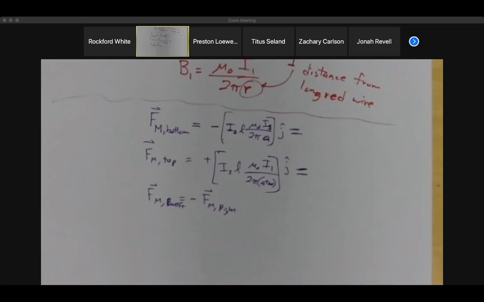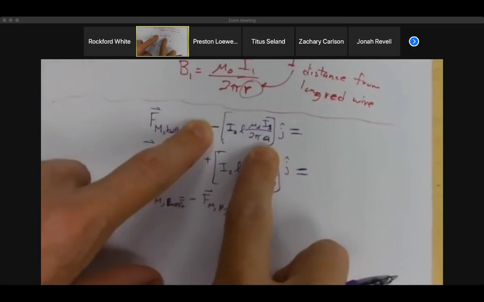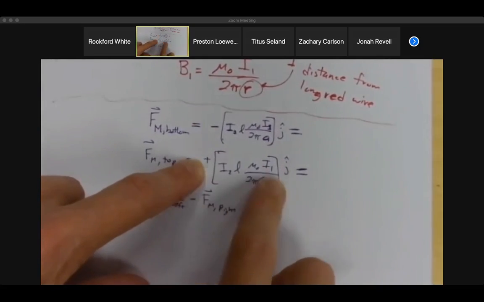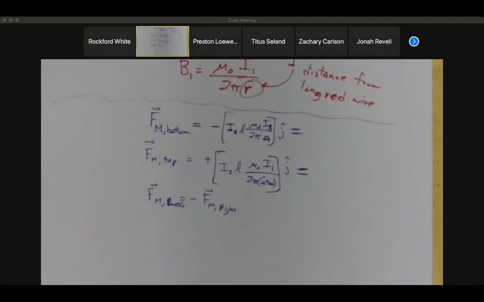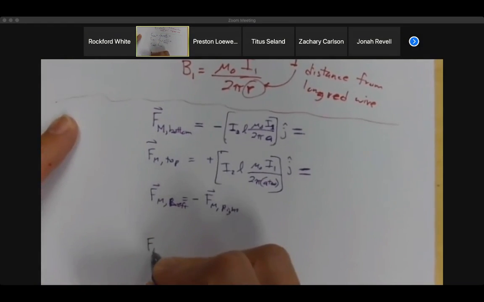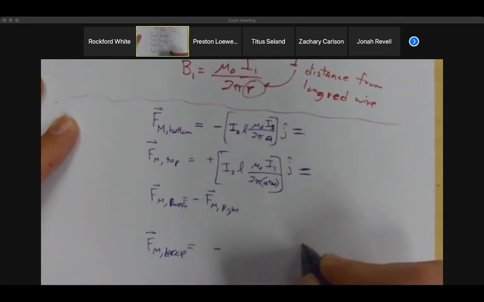And of course, we're going to get downward. And then I think we're going to get something like, basically we get one contribution of negative 1 over a and another contribution of positive 1 over a plus w. And you could kind of work that out as well. I think this is what you would get if you did the net force on the loop. I think you're going to get negative j hat.